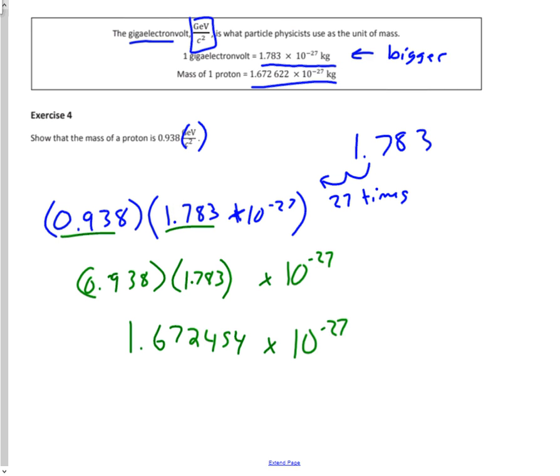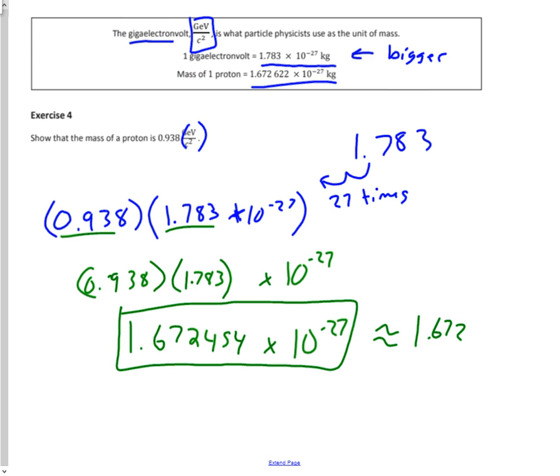It doesn't change until we get to the ten-thousandth digit. That is very close to 1.67222 times 10 to the negative 27th power. All right, so we did that by multiplying.